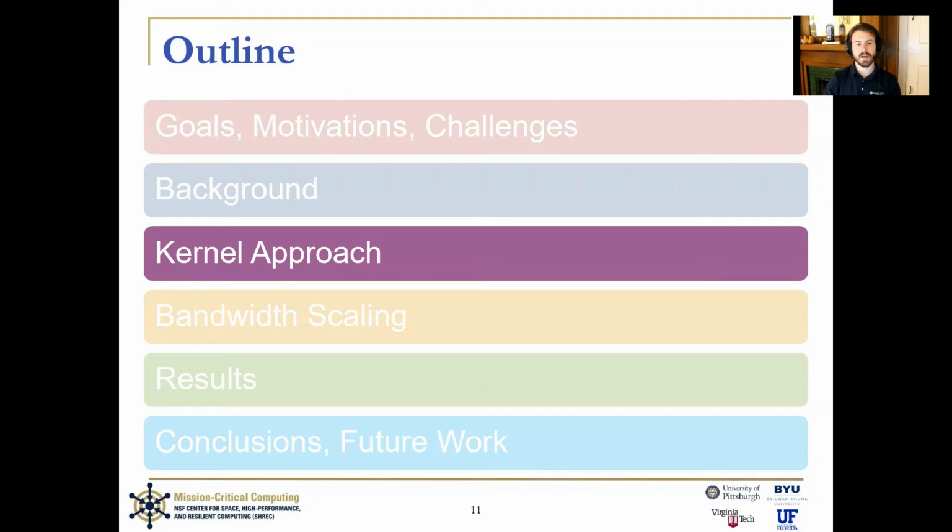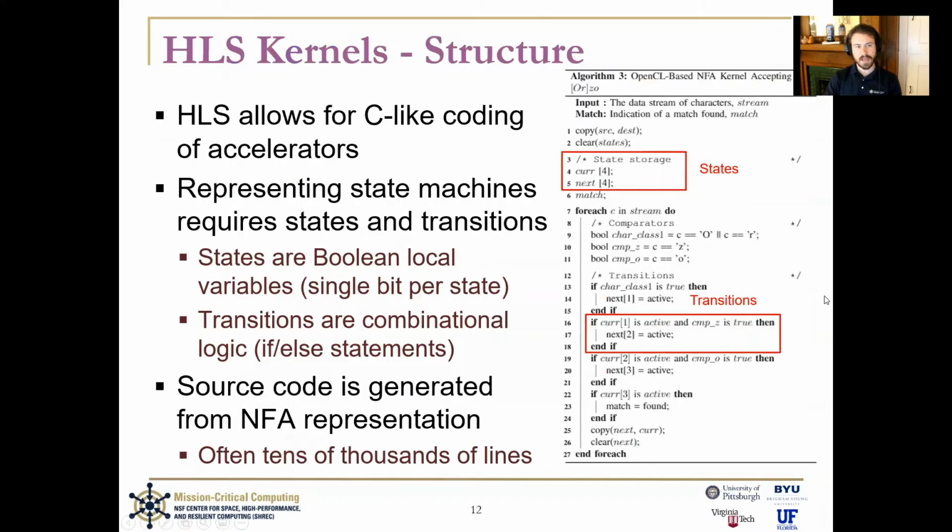Let's now take some time to look closely at the kernels which are realized using this HLS approach. As we said, HLS allows for C-like coding of accelerators. Representing NFAs, which are state machines, requires just a set of states and transitions between those states.